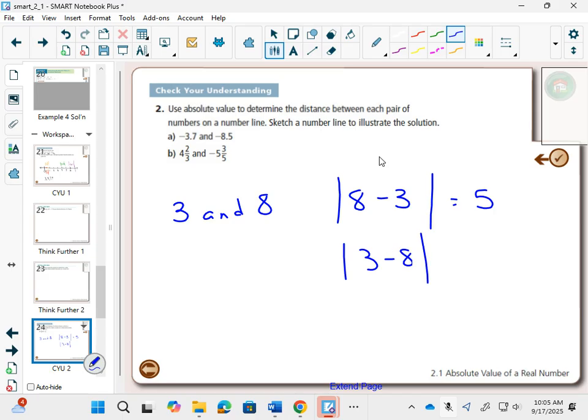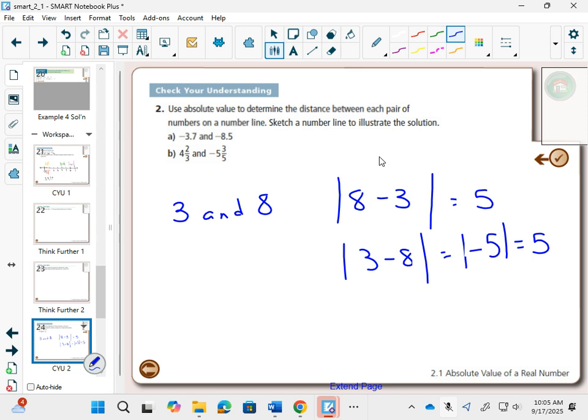When you're measuring a distance, you're looking for how far apart they are, so you're always saying a positive number. This would be the absolute value of negative 5. It's still 5. What's nice about this is sometimes our brain plays tricks on us.